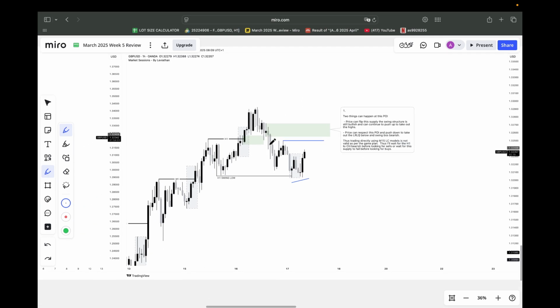But in H1, that's not the case. H1 did not BOS bearish. So CHoCH bearish in H4 does not mean BOS bearish in H1. In H1 there was just a weak break. We expect a candle closure and also there is some low resistance liquidity being built up here.